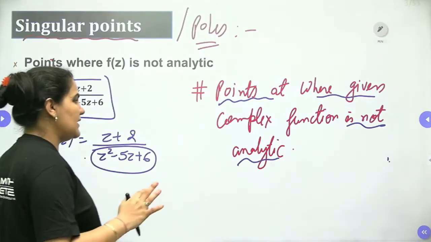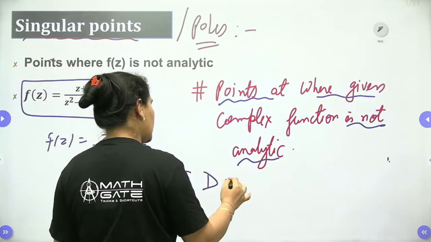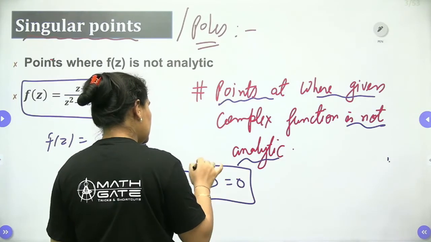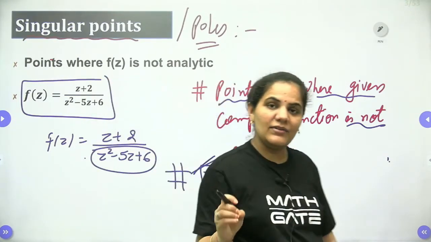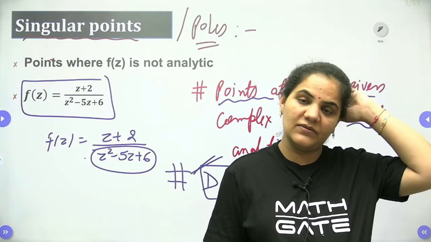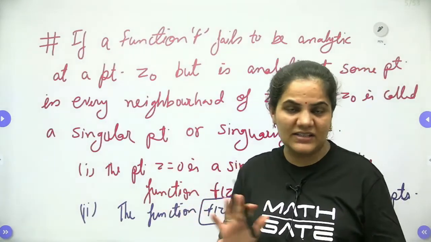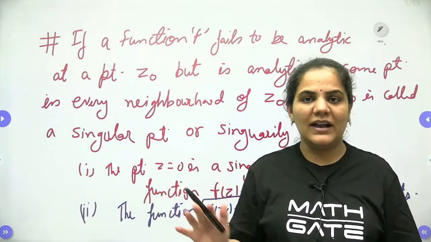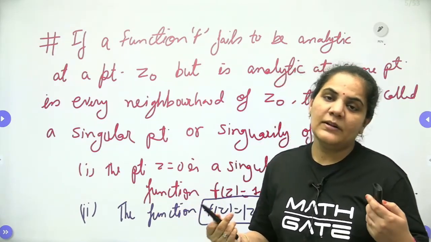The important part is that whenever you have to find the singular point, you have to put the denominator equal to 0. This is the only and only important part which we need when we approach the questions, right? Although the mathematical definition is not so important, in the GATE examination a definition will not be asked at all.